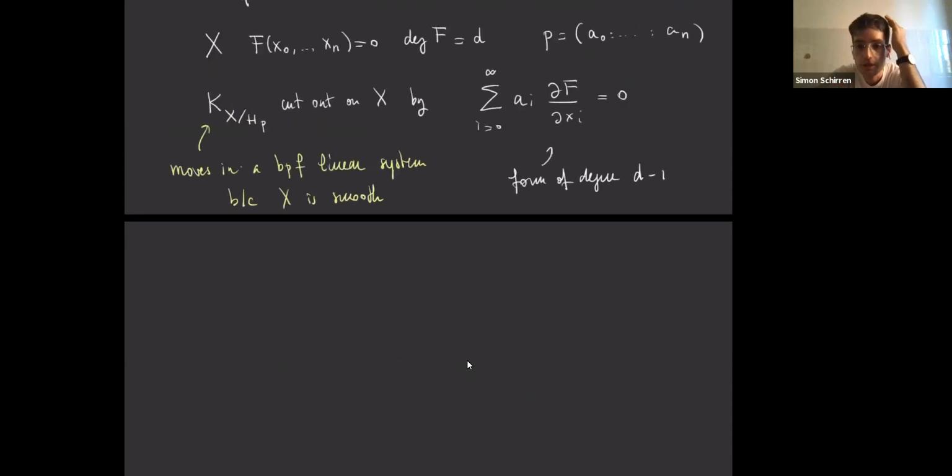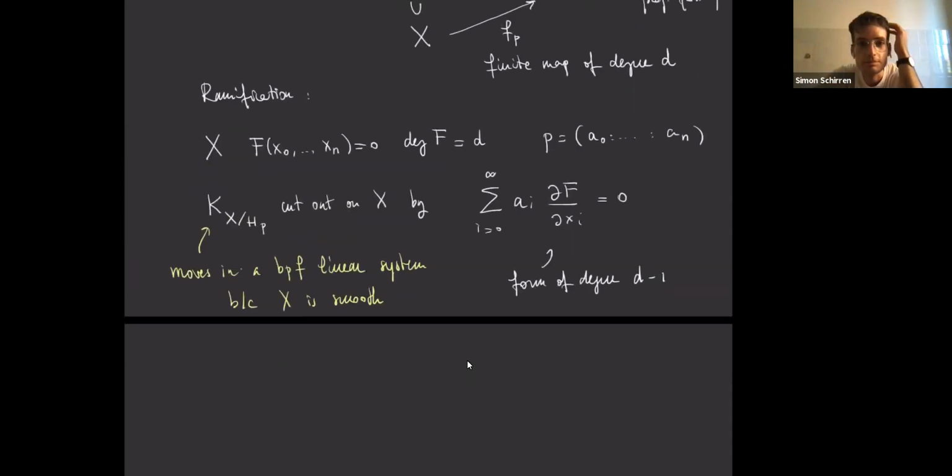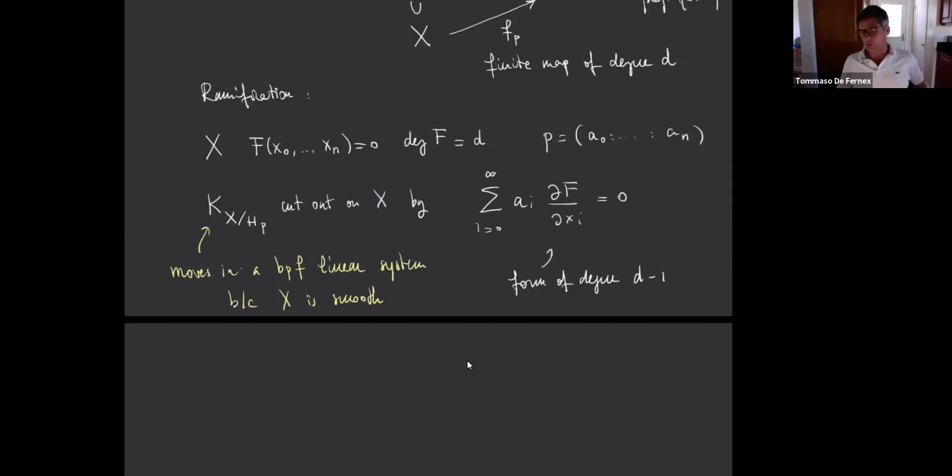Sorry, one question. Could you quickly explain why the ramification divisor is given by these differentials? Oh, this is just because, well, to explain this, let me actually change coordinates. So P has coordinates 1, 0, 0, 0, 0. So the projection is simply dropping the first variable. Okay.